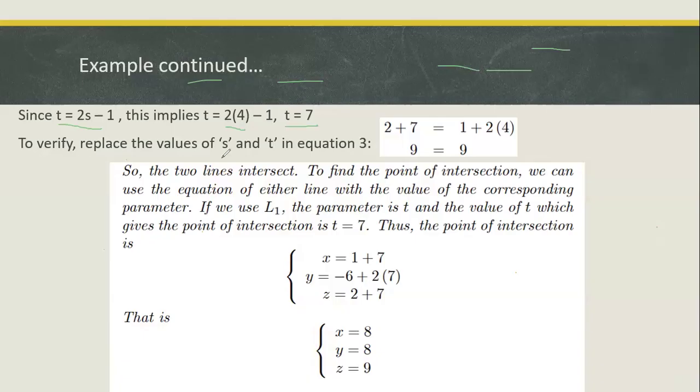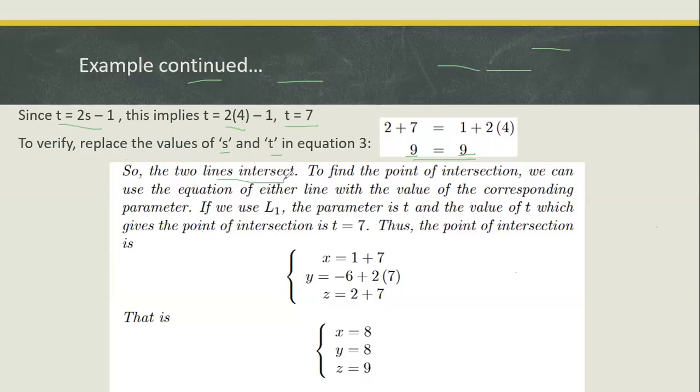To verify this, we substitute the values we found for s and t into equation 3. This works out to 9 on the left-hand side equal to 9 on the right-hand side, which tells us that the two lines intersect.